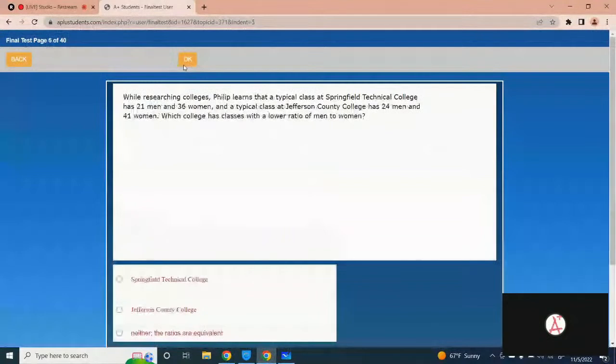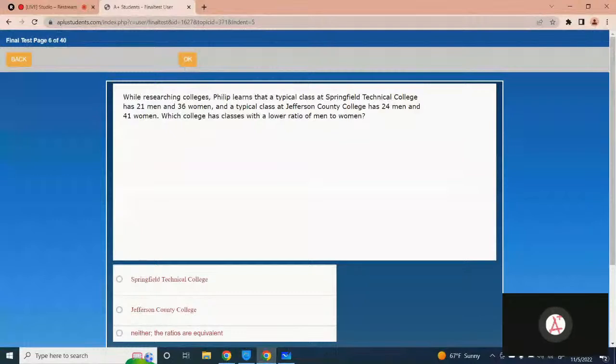Okay, while researching colleges, Philip learns that a typical class at Springfield Technical College has 21 men and 36 women, and a typical class at Jefferson Country College has 24 men and 41 women. Which college has classes with a lower ratio of men to women?